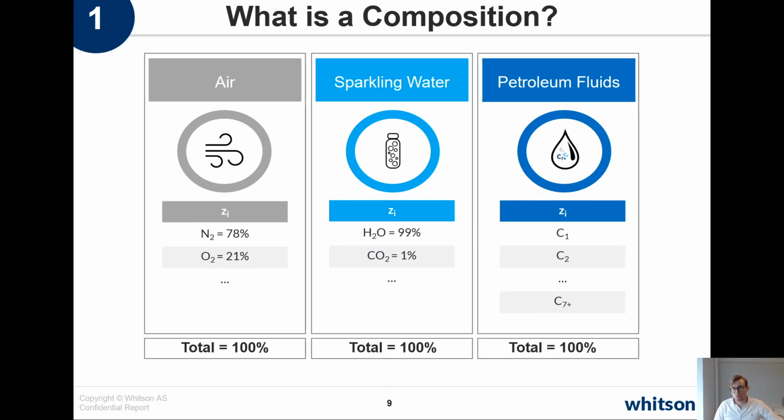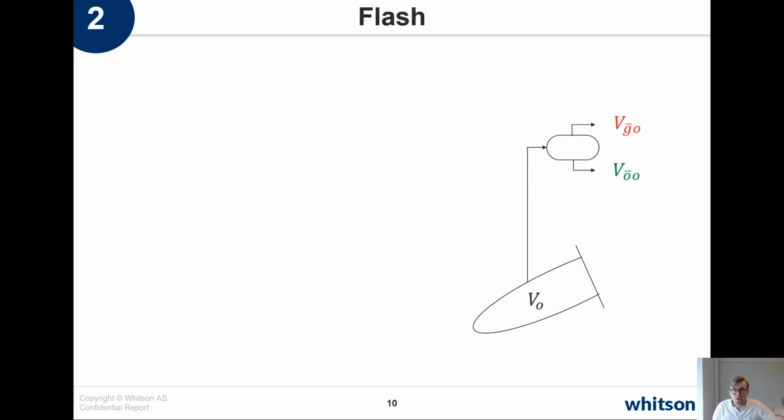And the same goes for petroleum fluids, the only difference being that petroleum fluids typically are made up of thousands and thousands of isomers, especially if you're working with a black oil, where you have a lot of components that are heavier than C7+. Of course, you also typically have these non-hydrocarbons that we'll talk about a little bit later.